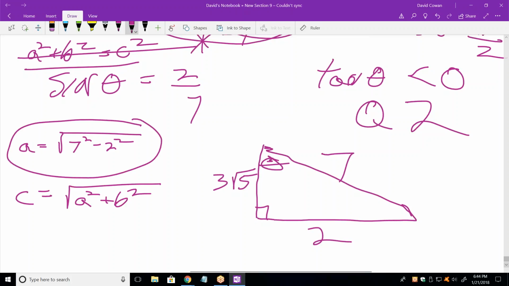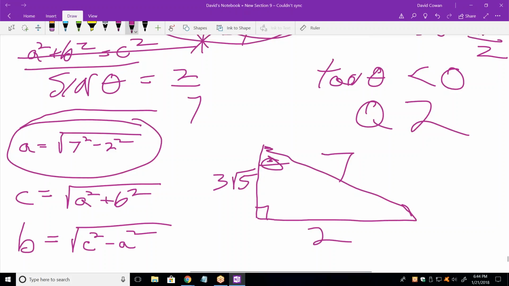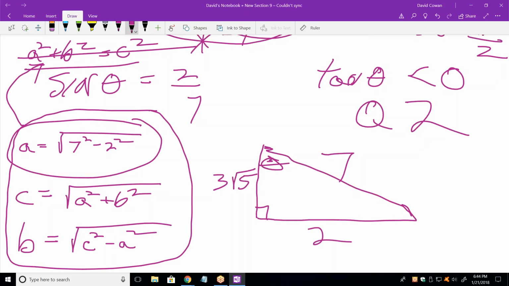If I'm solving for the other short side, it's the square root of the hypotenuse squared minus the other short side squared. If you can go directly to these three when you're solving that third side, it saves you a lot of time. You don't always want to have to go back to the original.